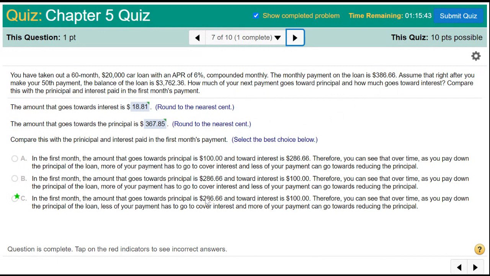Therefore, you can see that over time, as you pay down the principal of the loan, less of your payment has to cover interest and more of your payment can go towards reducing the principal. That's 100% in any loan that you have, student loan, car loan, any loan. That's how it works in the long run.